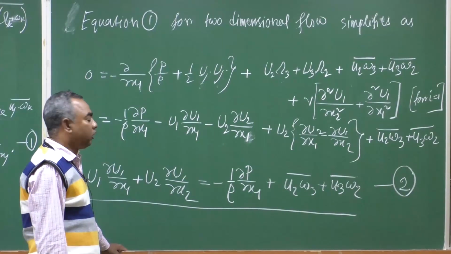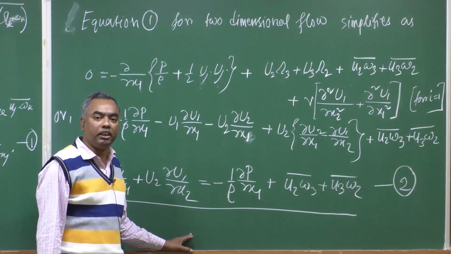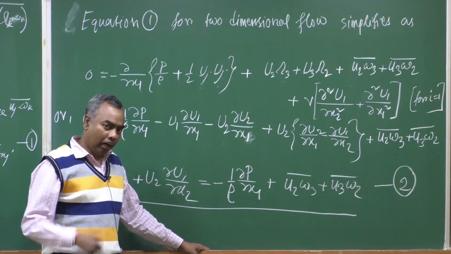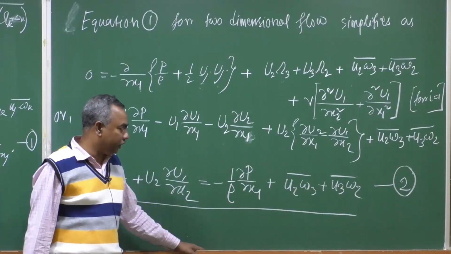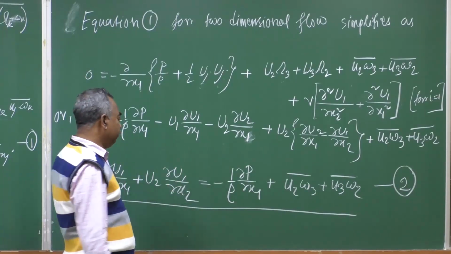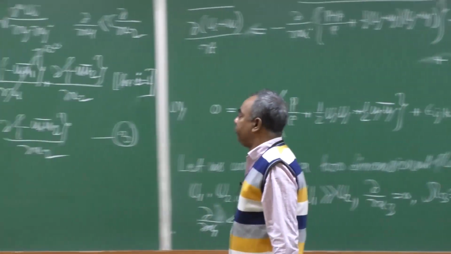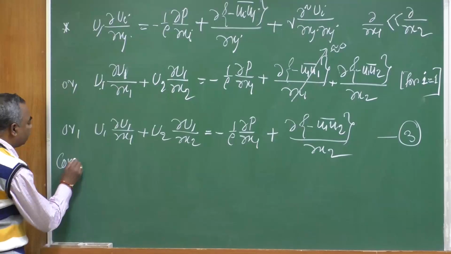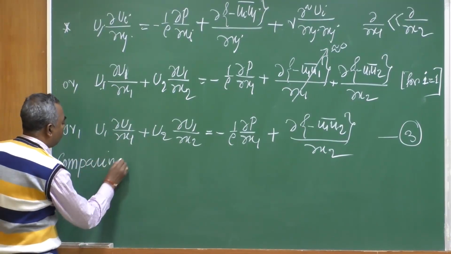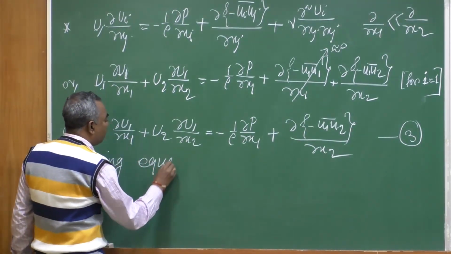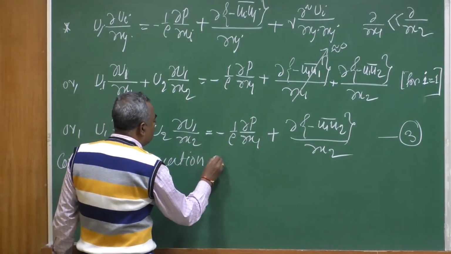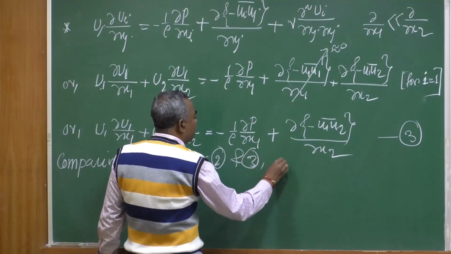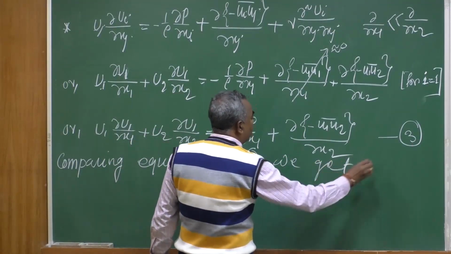Both are momentum equations. One was written considering the vortex term in the equation and the other was without the vortex term. Comparing equations 2 and 3, what do we get?